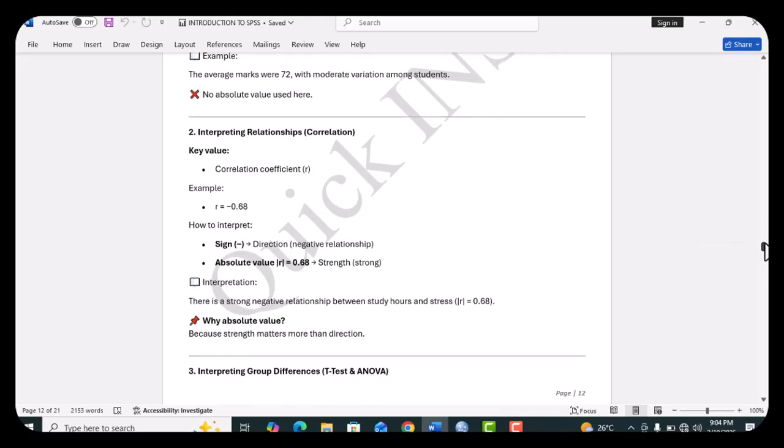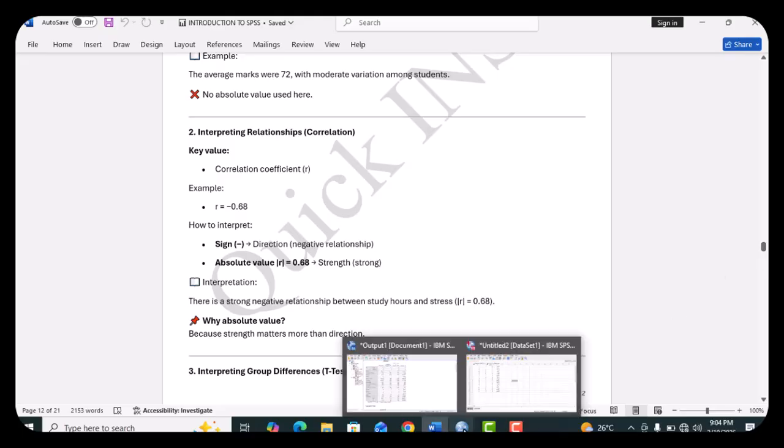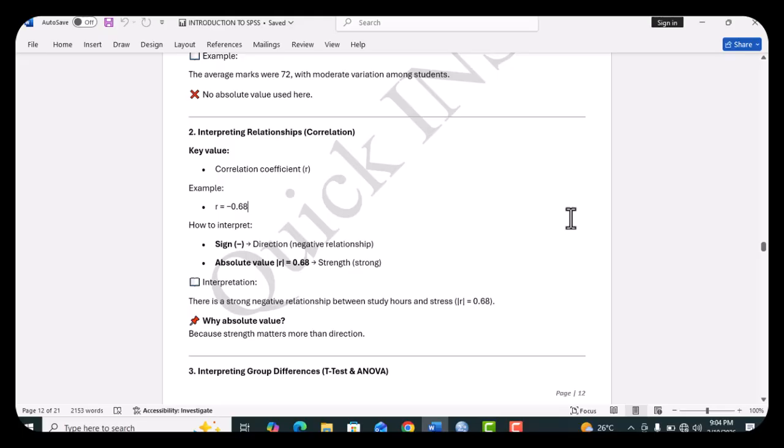And before you proceed, if you want to interpret, you probably have the correlation coefficient, which is the small r. Because we did not analyze correlation here, I don't need to show the table. So you find the absolute value, where you remove the negative sign when you want to write it.